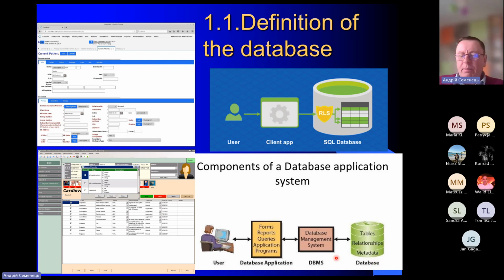First of all, we have a database management system, yet another software which is designated to manage user requests from the database application, and by using those requests manage data in the physical storage, in the actual database.